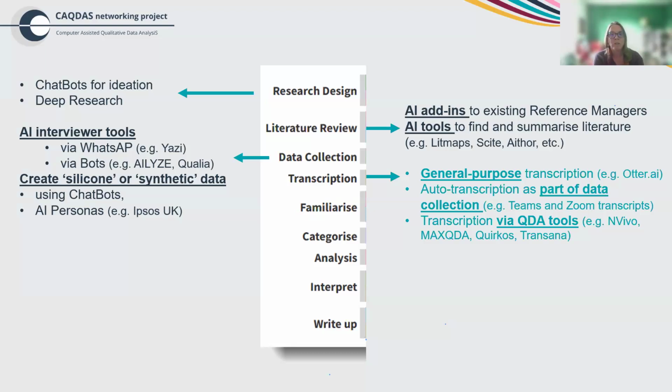And one option with Transana is to have transcripts auto created without the audio or the video leaving your own computer. So that will be slower, but much more secure. So those transcription tools which are being developed within the qualitative space tend to have those sorts of considerations much more centrally embedded within them.